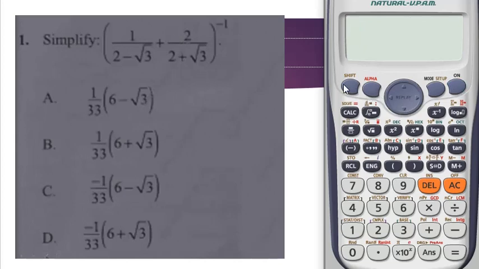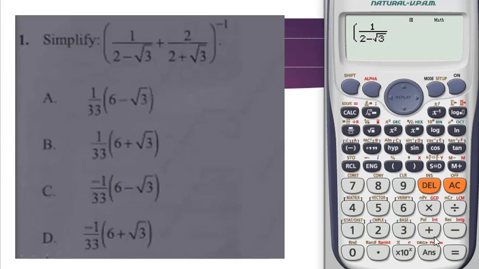Let's first clear everything. Then you click on the bracket sign and punch in 1 over 2 minus root 3. Then you click on the forward arrow, and click on it again so that you move outside of the root sign.